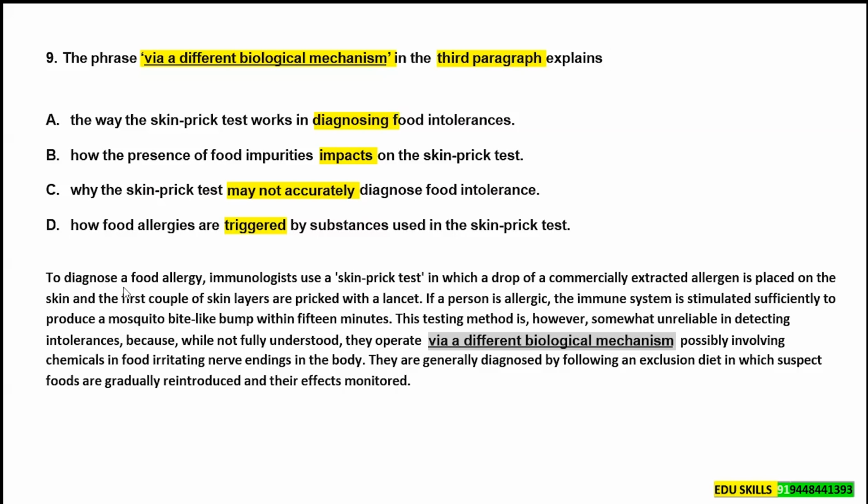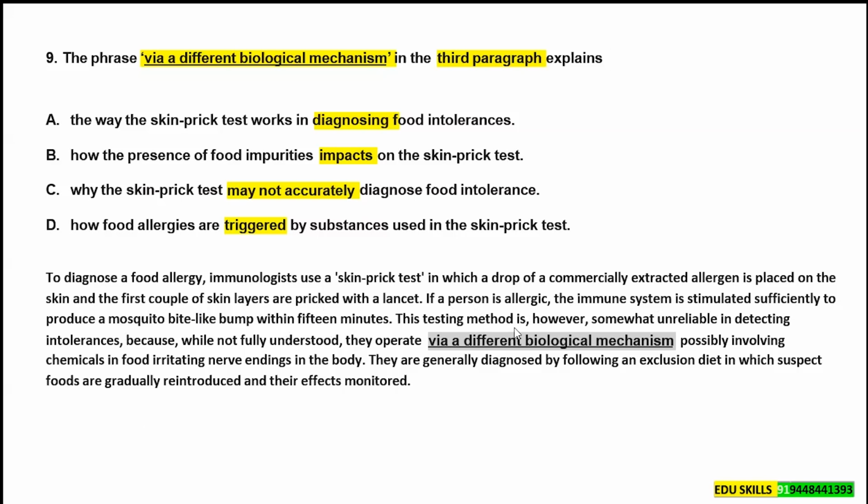To diagnose a food allergy, immunologists use a skin prick test in which a drop of commercially extracted allergen is placed on the skin, and the first couple of skin layers are pricked with a lancet. If a person is allergic, the immune system is stimulated sufficiently to produce a mosquito bite-like bump within 15 minutes.